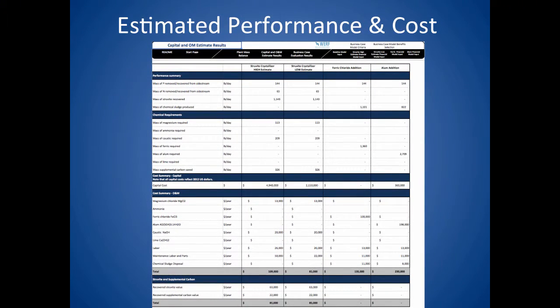The struvite crystallizer high estimate and the struvite crystallizer low estimate are meant to represent the full range of costs for these systems. Please note that the upfront capital costs of these systems are estimated as well as the maintenance, labor, and parts costs.